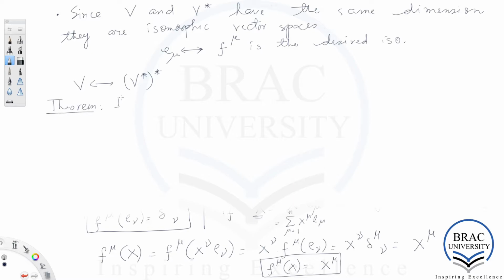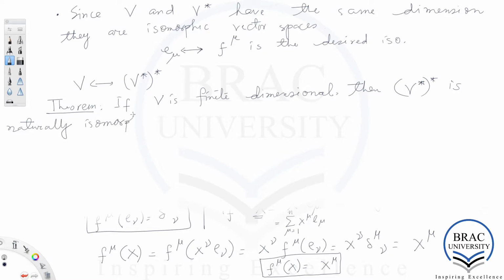If V is finite dimensional, then V star star is naturally isomorphic to V. And this isomorphism is given by this map phi from V to V star star.